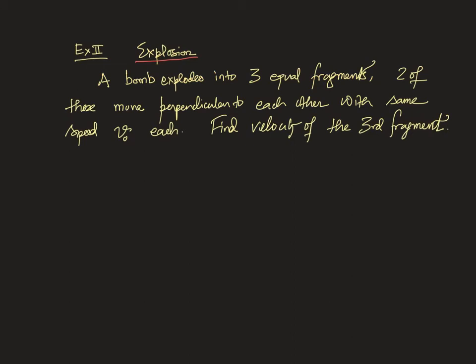Now this second example is related to an explosion. Here a bomb, obviously kept in gravity free space, or kept on the ground. A bomb explodes into two equal fragments. Two of these move perpendicular to each other with the same speed v0 each. Find the velocity of the third fragment. One thing we have to mention: the bomb is at rest, then it explodes into three equal fragments.